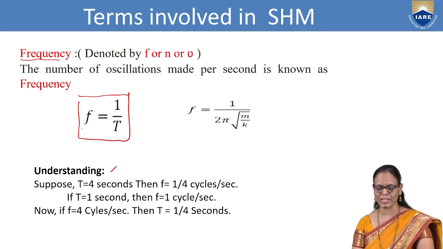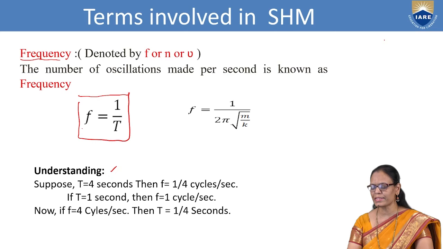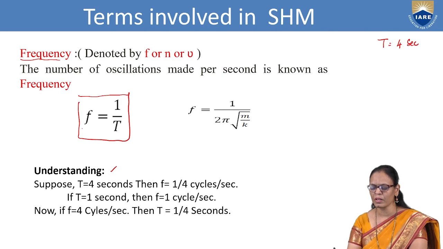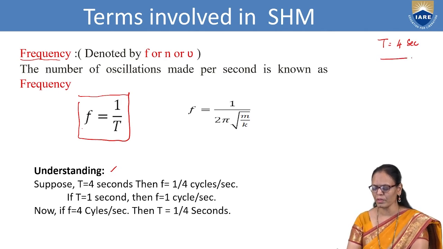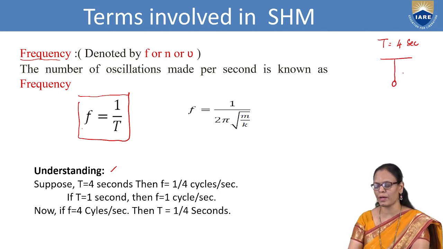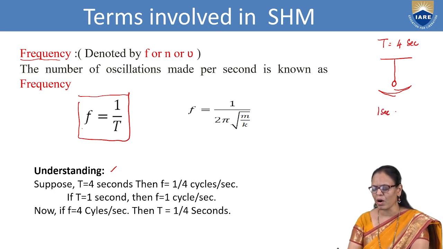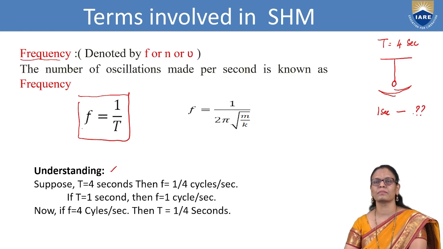T is equal to 4 seconds means the time it takes to complete one oscillation is 4 seconds. Now, if I am talking about a simple pendulum, it is taking 4 seconds to complete one oscillation. So if I say in 1 second, how many oscillations will it make?